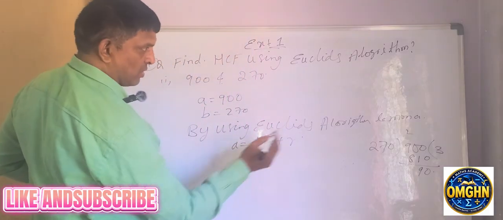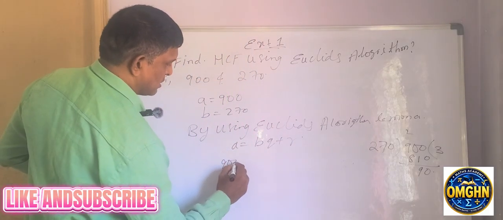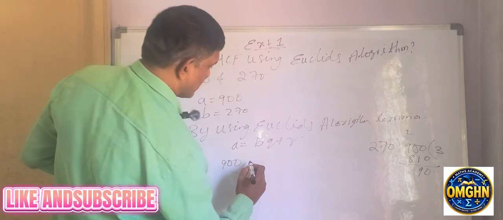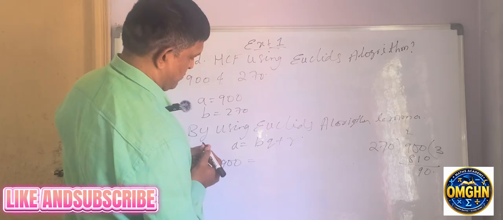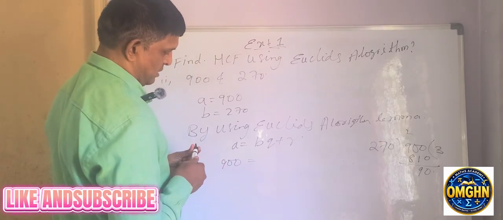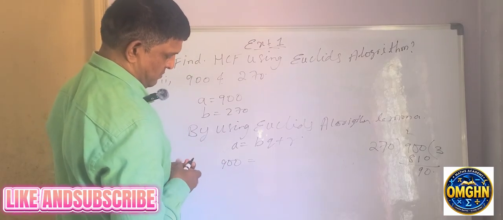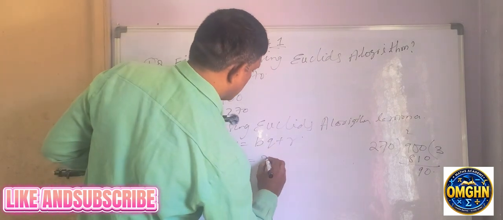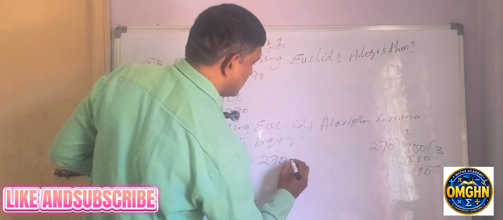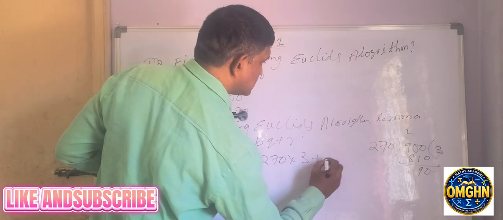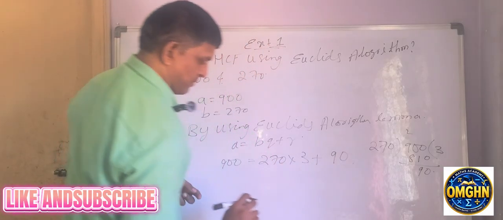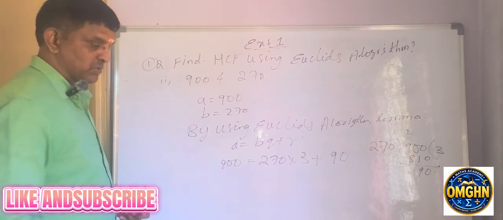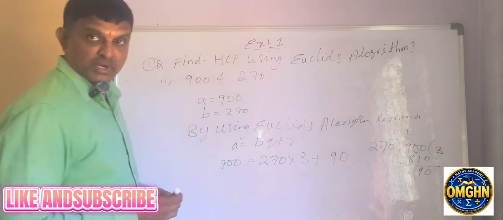So according to this formula we will write 900 equal to 270 into 3 plus 90. Here in this sum we didn't get the remainder as 0, so we have to go further.